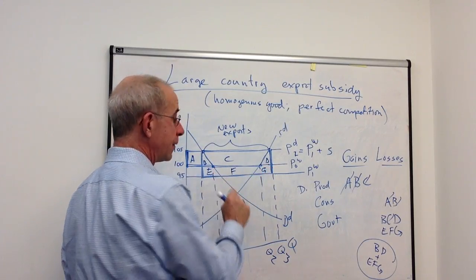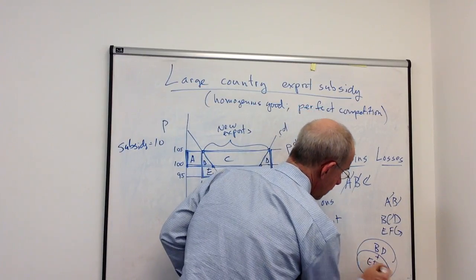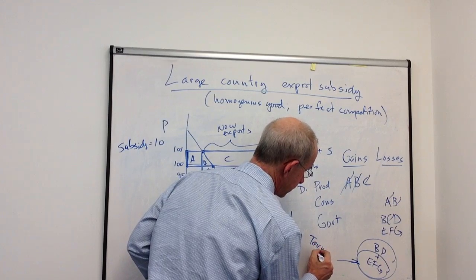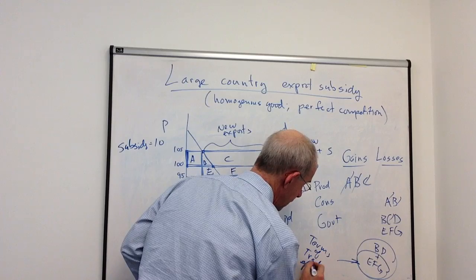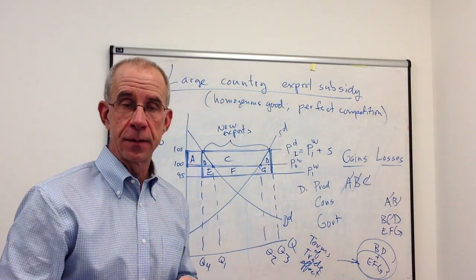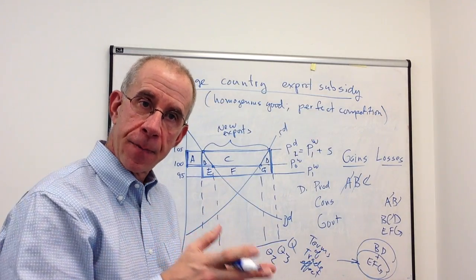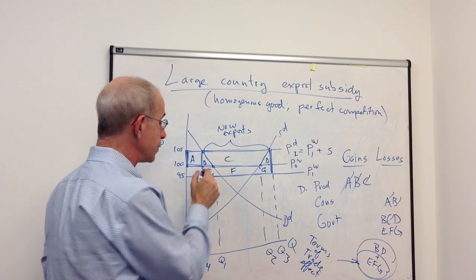Now let's think about EFG. EFG is the terms of trade effect. What do I mean by that? That is the losses to the government that are incurred by the drop in the price in the world market from 100 to 95.